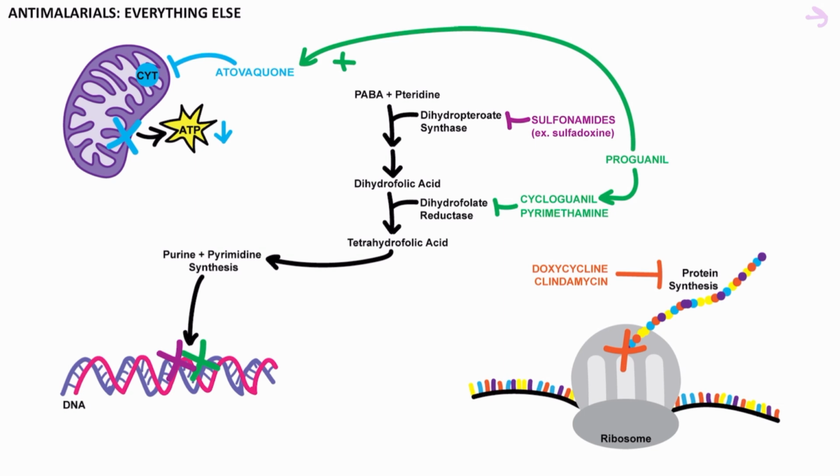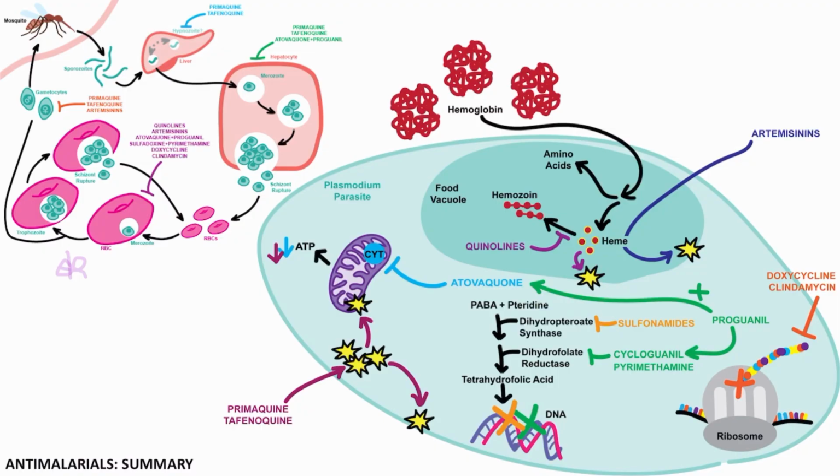So moving to our final summary slide. So this concludes our discussion of antimalarials, and I hope this video has provided insight into how we can use the pharmacology of these agents, especially the mechanisms of action, to better understand where these agents hit the malaria parasite's life cycle.